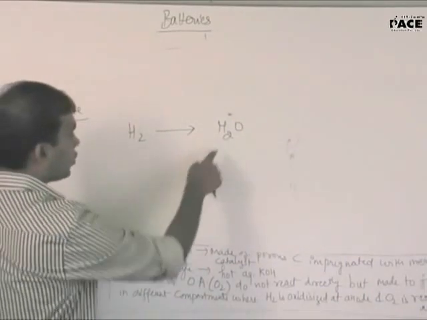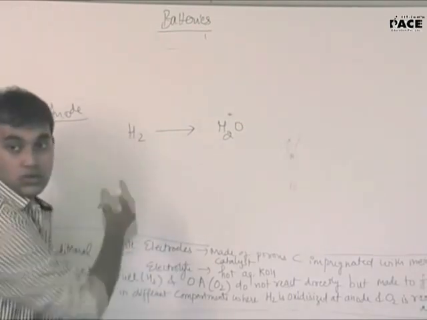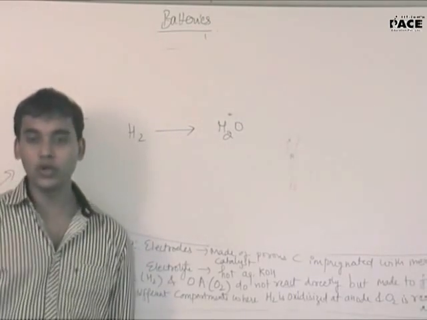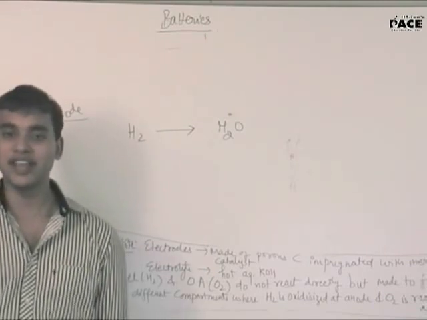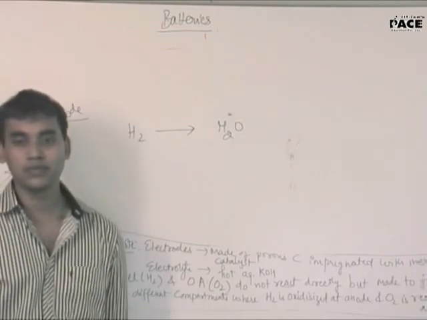Now for balancing oxygen, what do you do? Suppose this is the reaction which is given to you. What will you do now? Plus half O2. But if you are saying O2, then you are doing reduction as well as oxidation in the same reaction. OH minus.